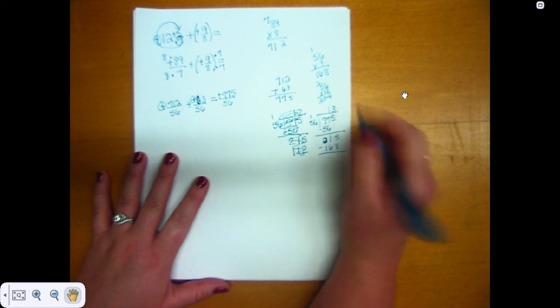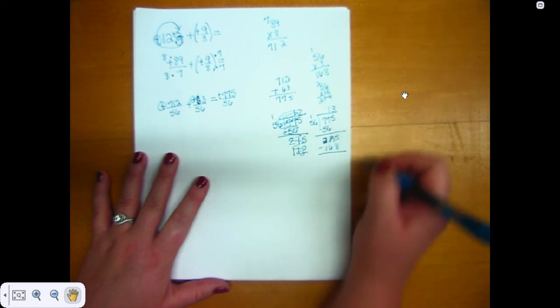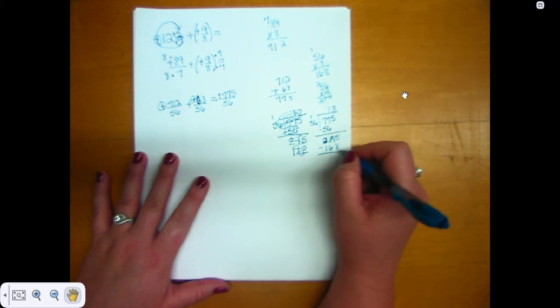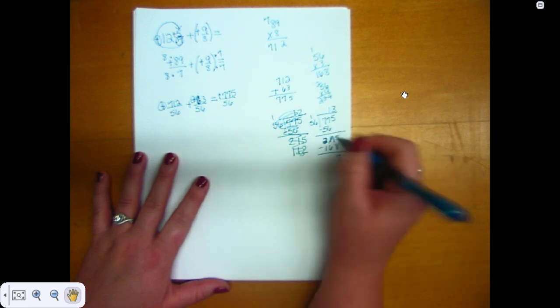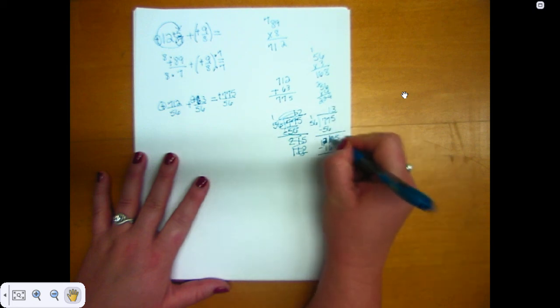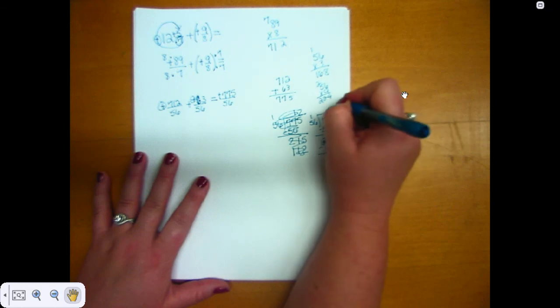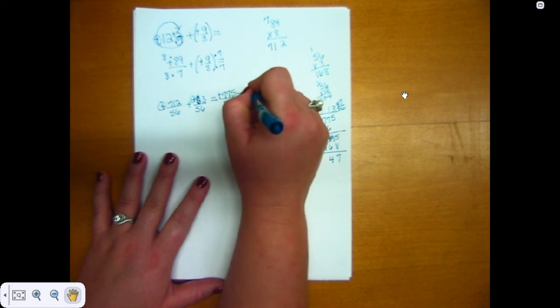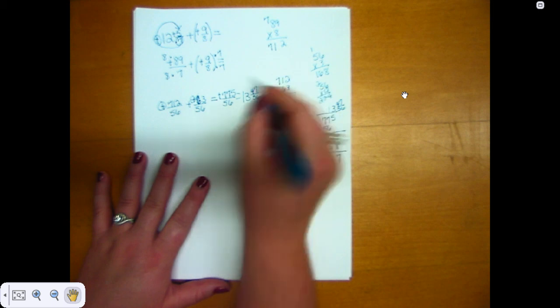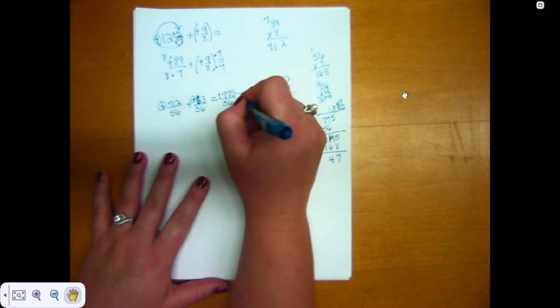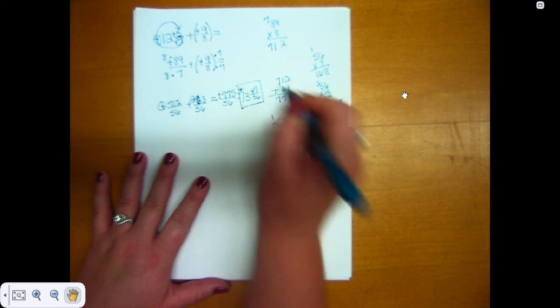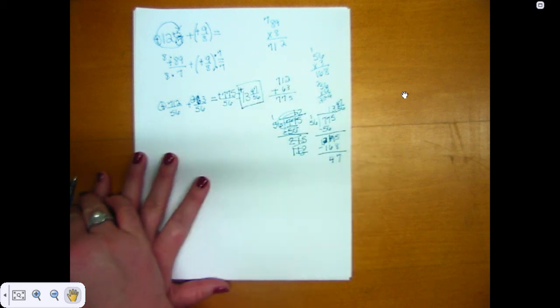Now let me subtract. 15 minus 8, that should be 7. 47. So 47 over 56. So 13 and 47/56. And I go back and check. It is positive. Don't forget your sign. Positive 13 and 47/56.